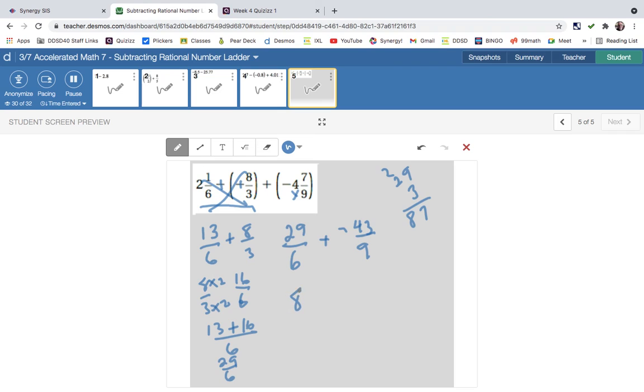So this is going to be 87/18. And we're going to double this 9 to an 18. So that means I'm going to double this 43 to an 86. So now we have 18ths, and we just have to find the difference between 87 and 86 because one is positive and one is negative. So that answer is 1/18.